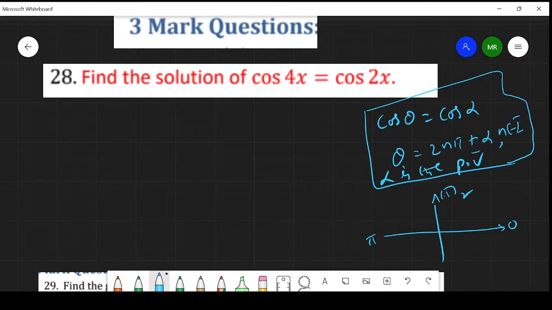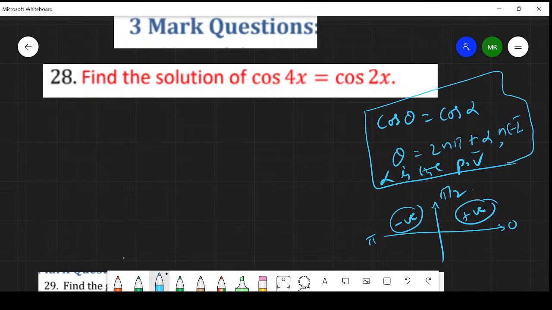When cos theta is positive, alpha lies between 0 and pi by 2. When cos theta is negative, alpha lies between pi by 2 and pi. This is the principal value.